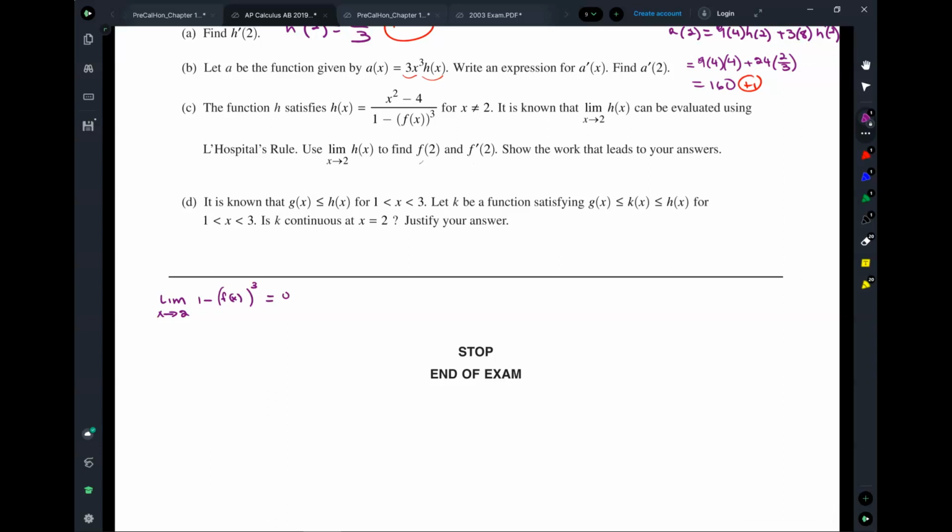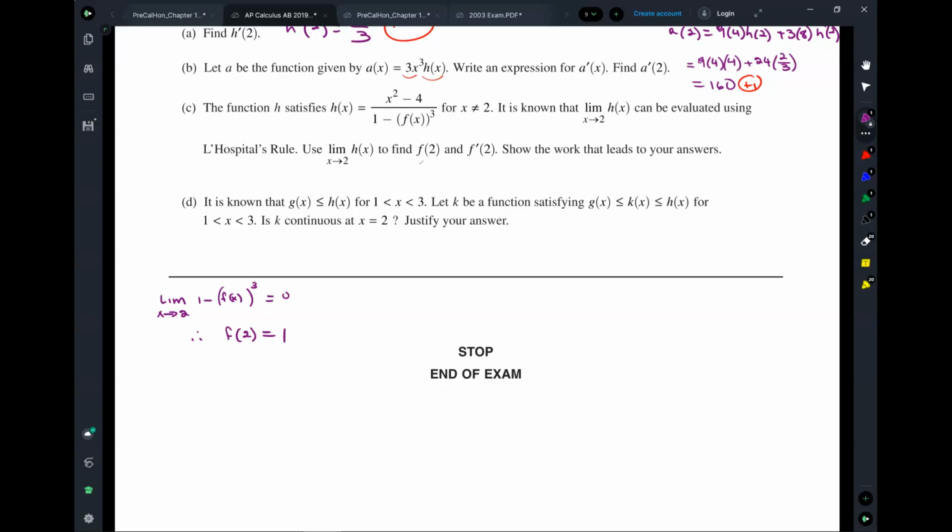So the denominator as x approaches 2 should equal 0, right? Because you just said it means 0 over 0. So that means when this is 2, f of 2 should equal 1. Because the only way to get 0 here is if this was 1. Does that make sense? Yes? Okay.